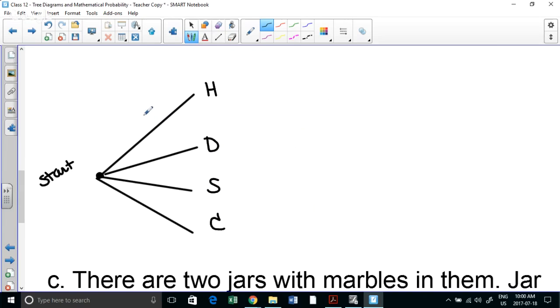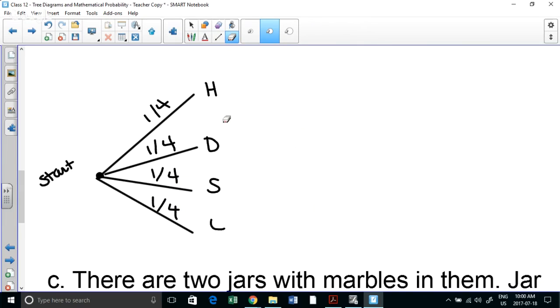So I could have hearts, diamonds, spades, and clubs. The probability of me getting a heart is 1 over 4. The probability of me getting a diamond is 1 over 4. Spade is 1 over 4. And club is 1 over 4. From each of these outcomes, we're going to extend a branch for our next step.